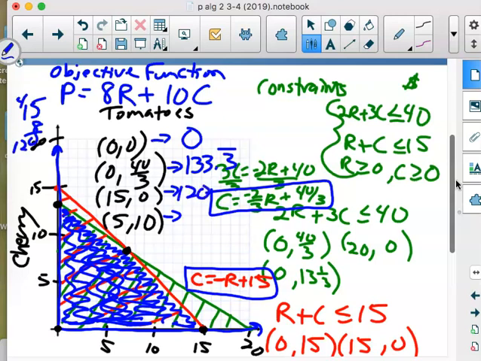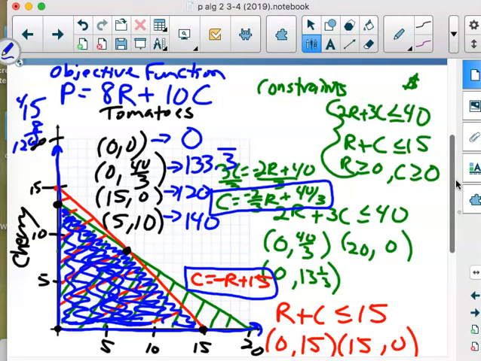And then a 5 and a 10. 40 plus 100. What's your maximum pounds of tomatoes? Yeah, 140 pounds with 5 Romas and 10 cherries.